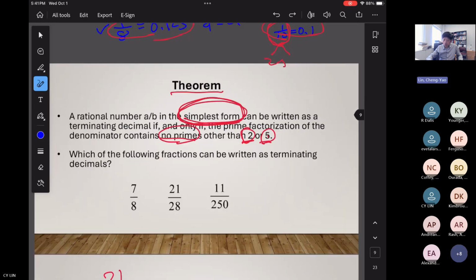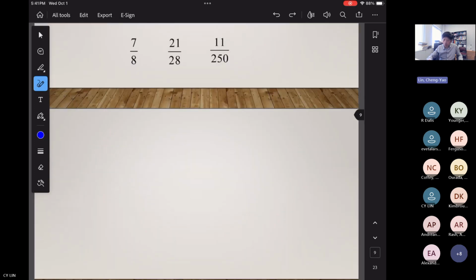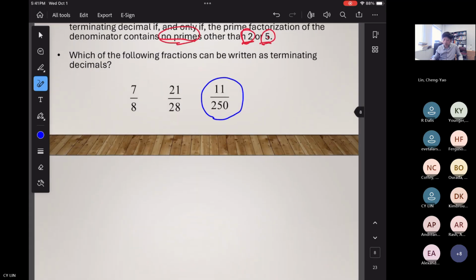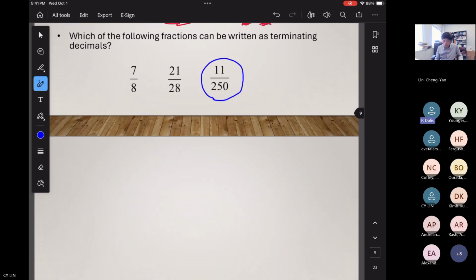How about the next one? Can you do the next problem: 11 over 250. Actually, we can simply determine it by the denominator, right?